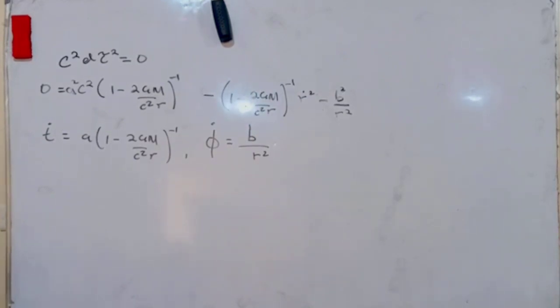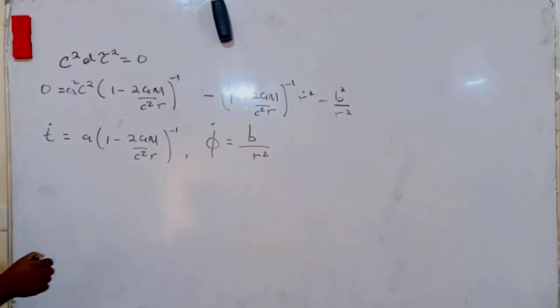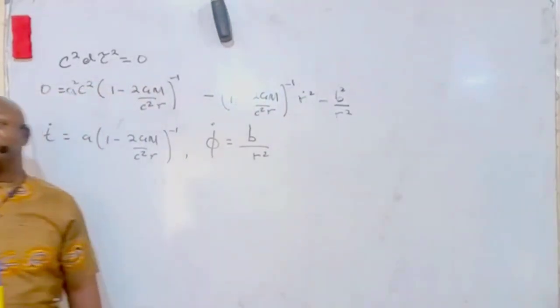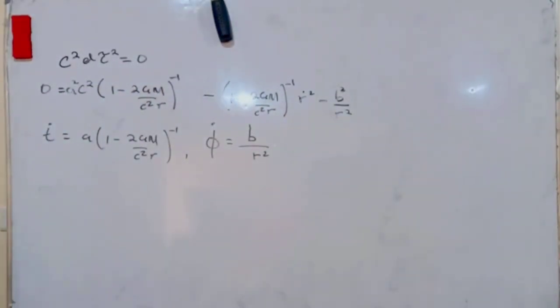The next thing is for us to write our r dot. What is left is just r dot. Remember the same thing we did for the planetary equation yesterday. We substituted all the others and were left with r dot.